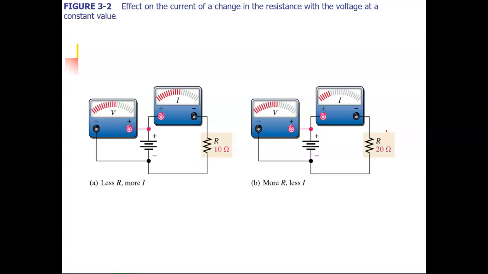Then let's look at this as if I've got the ability to change my resistors. So here I've got about 12 volts, and then here we'll have 12 volts. So my voltage isn't going to change, but my resistance starts out at 10 ohms, and I've got quite a bit of current.